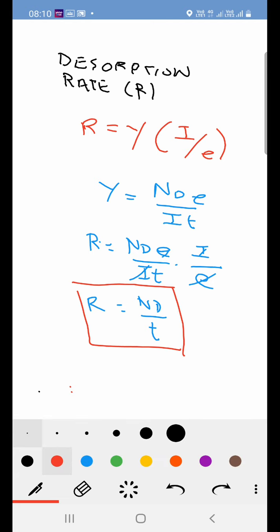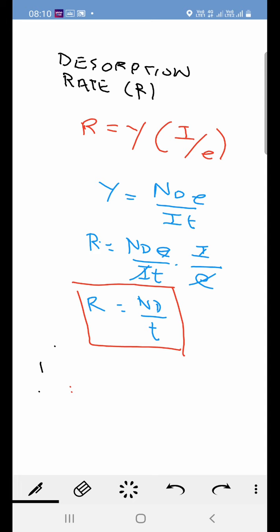So if we plot both the desorption rate and desorption yield with respect to voltages and with respect to current, 16 nanoamperes.